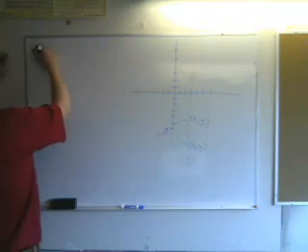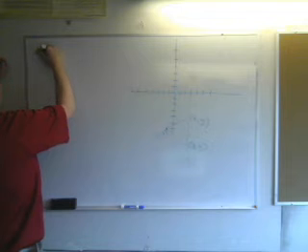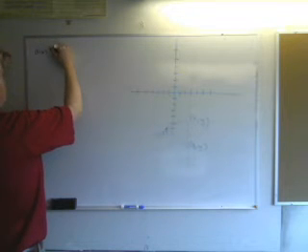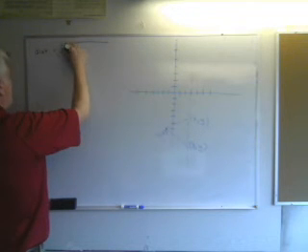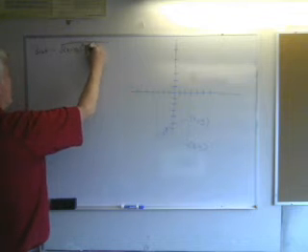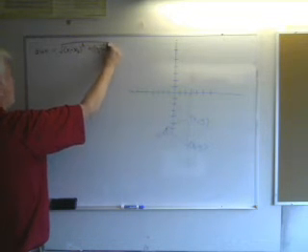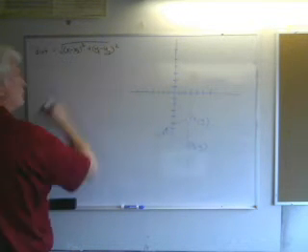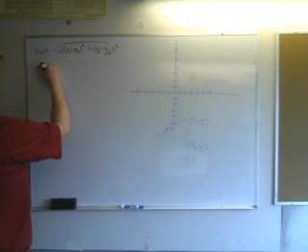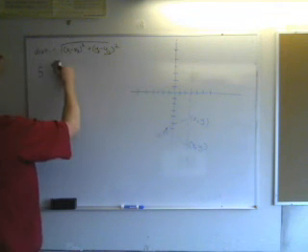What you know is that the distance equals square root of x1 minus x2 squared plus y1 minus y2 squared. And we know the distance we want set equal to 5.